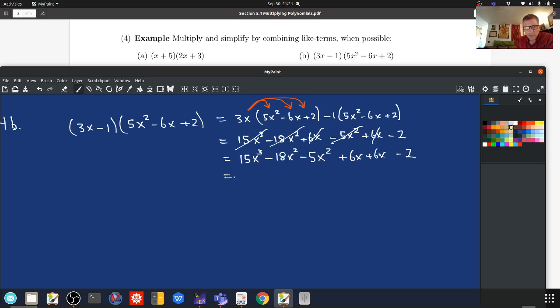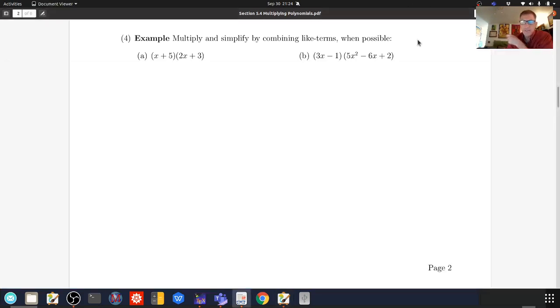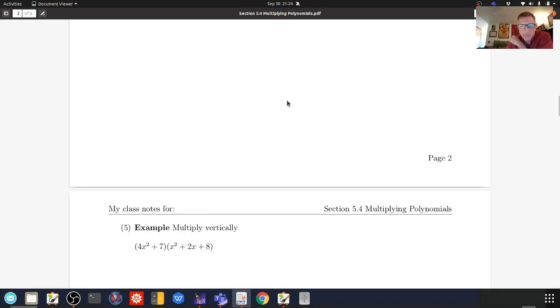And our final answer is, well here, these we have to add together. These are like terms, and these are like terms. So the final is 15x cubed. Minus 18 minus 5 is minus 23x squared. 6x plus 6x is plus 12x minus 2. Okay, not so bad, hopefully.